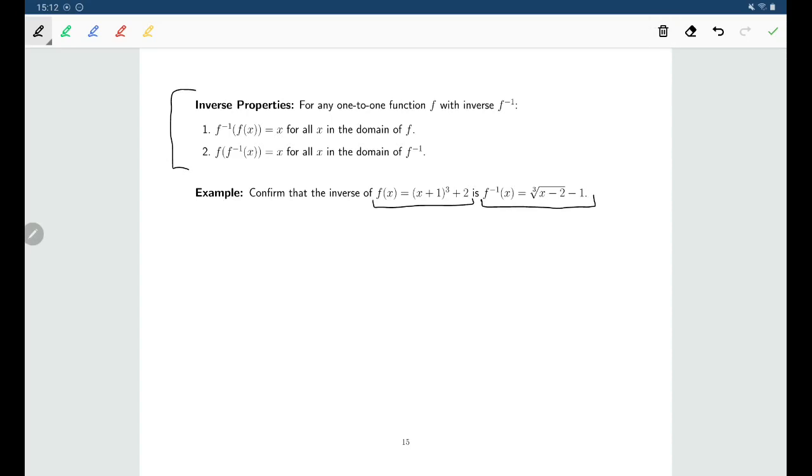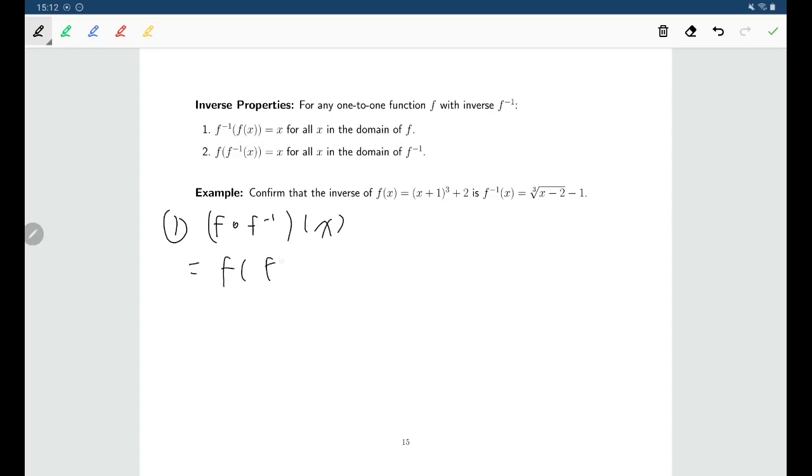I can do so by looking at number 1, f composed with f inverse, and seeing whether I get x as my result, and then also looking at f inverse composed with f. I have to do both, so it's not enough to just do one direction. I will need to do both, looking at f composed with f inverse as well as f inverse composed with f.